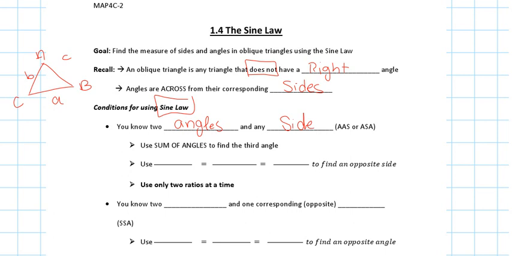If I know two, all I have to do is 180 minus the two. So it's pretty straightforward. All I need is two angles and any of the sides, and I can use the sine law. This is where you use the sum of angles to find the third angle if needed. We don't always have to use this part.